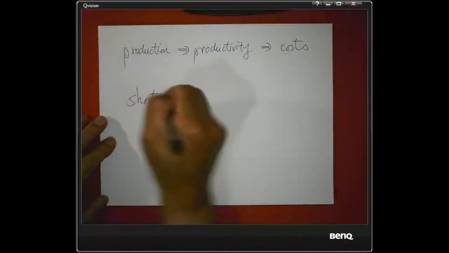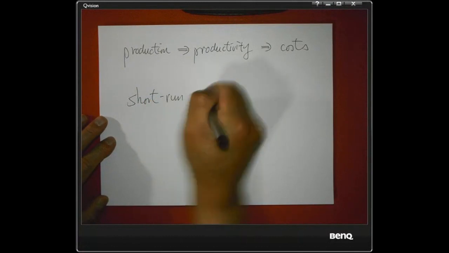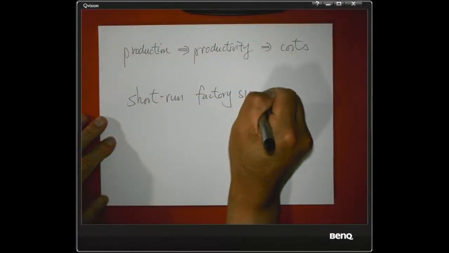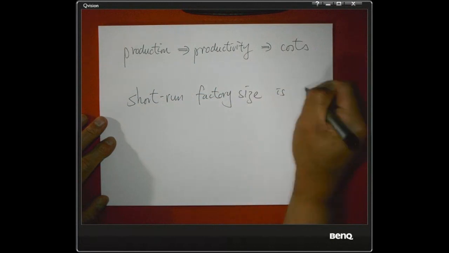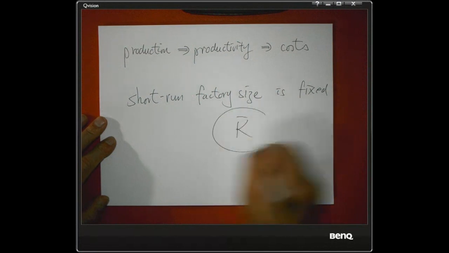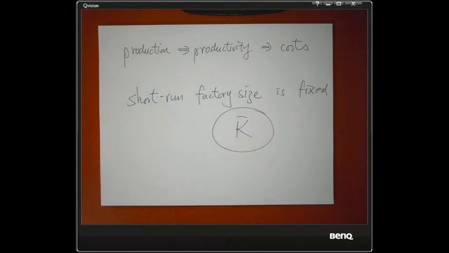So this is the flow. And in the short run, factory size is fixed. That is K bar. So in the short run, you can only do with whatever you have in your factory. The size of the factory is fixed.